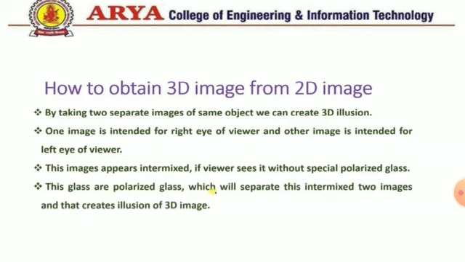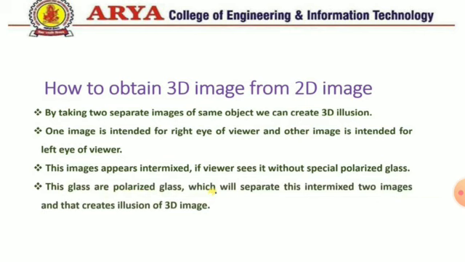It is not compulsory to take only two images. Sometimes you can use even 4 to 5 images, but in that case complexity will increase. But usually in a normal 3D image we use two separate images.